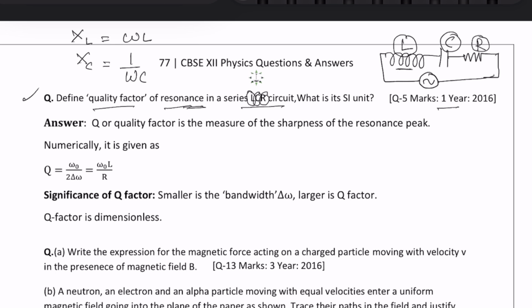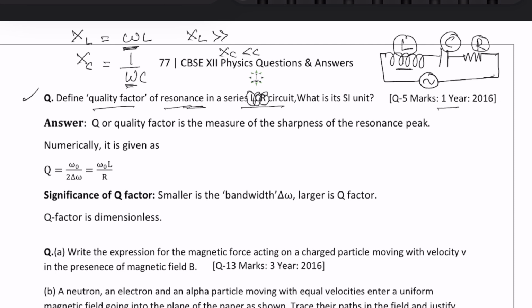Now see, the resistance offered by inductance depends on the frequency of AC. Similarly, the resistance offered by the capacitor depends on the frequency of AC. So if the frequency is high, then XL will be high. Correct. And if the frequency is high, then XC will be less.